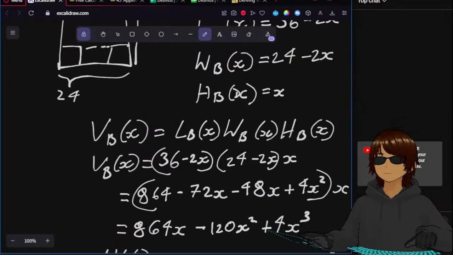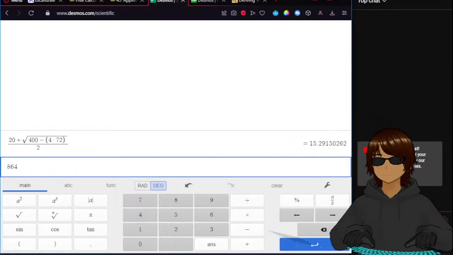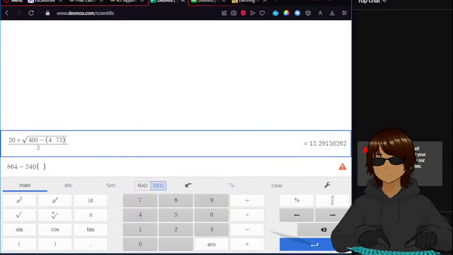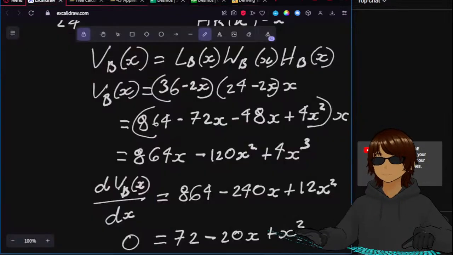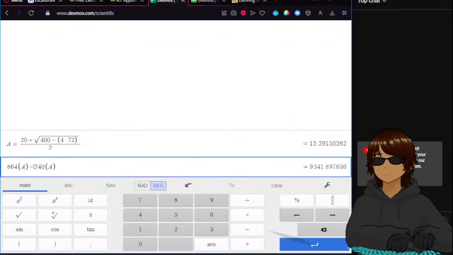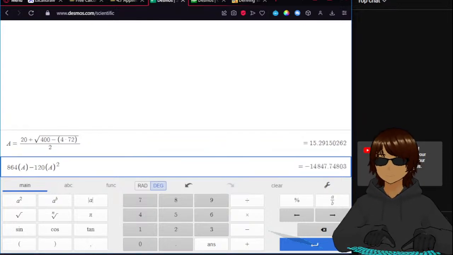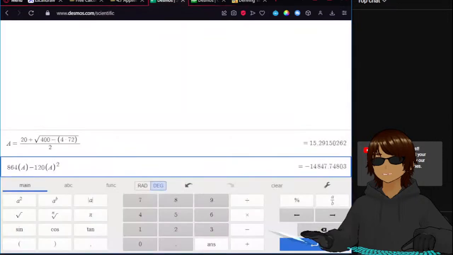So if I do 864 minus 240x minus 120x squared plus 12x squared, no, this is the derivative.